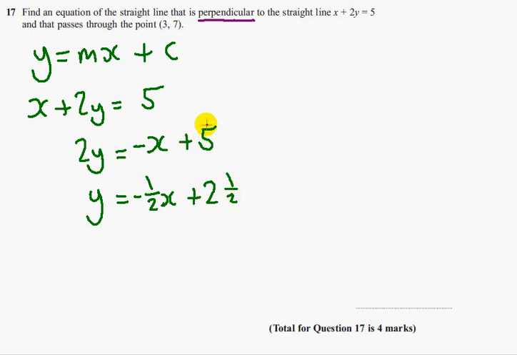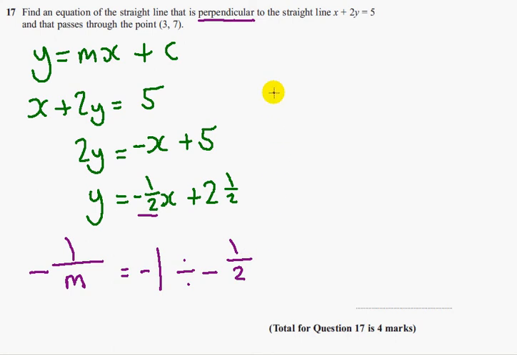Okay, so you've got to know that the new line, which is perpendicular, will have a gradient of minus 1 over the gradient of the original line, which is minus a half. Okay, so it's going to look a little bit messy, but this is saying minus 1 divided by minus a half.